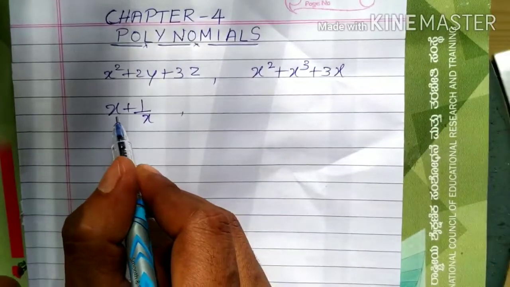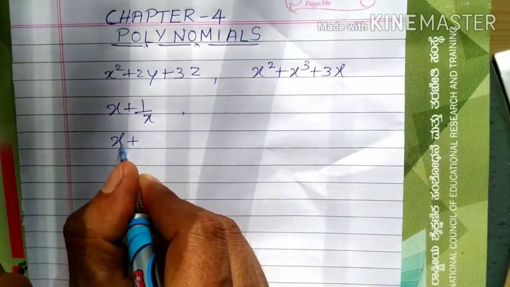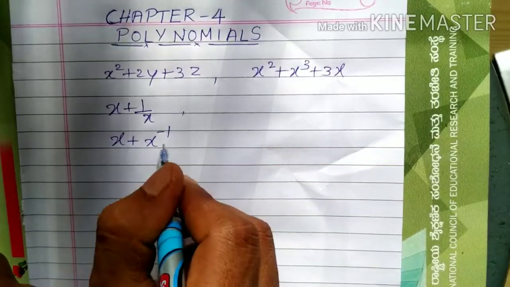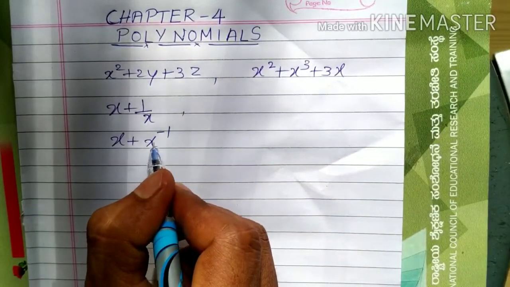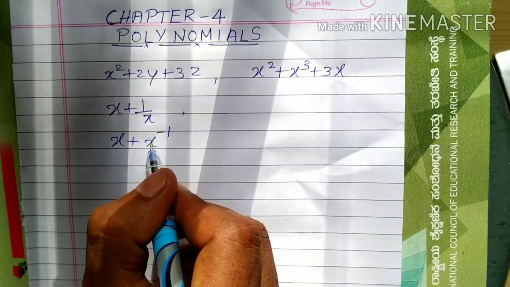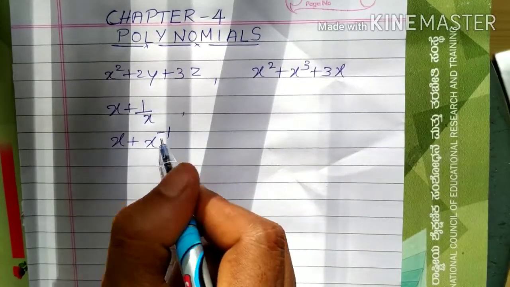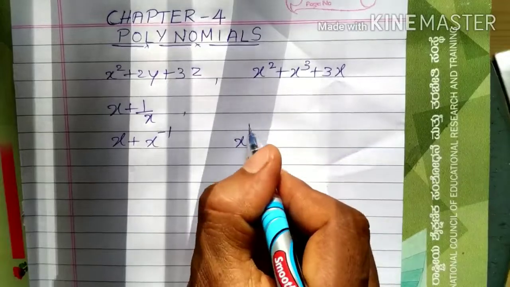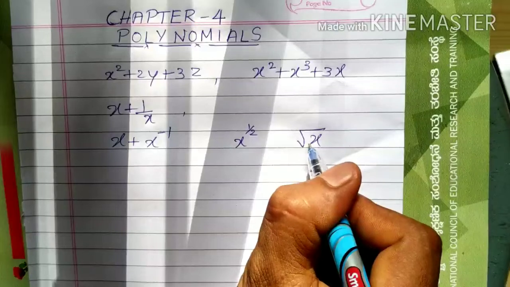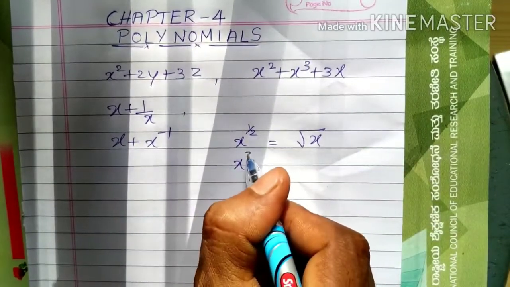But when you see this example and simplify it, x plus 1 by x can be written in the form x raised to minus 1. So in this expression the variable has a negative index. In case a variable has a negative exponent, this is not called a polynomial. In the same way, if you consider a root x, it is nothing but x raised to 1 by 2, or x raised to 3 by 4.